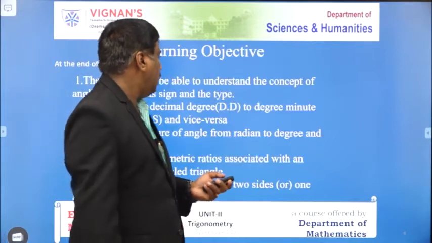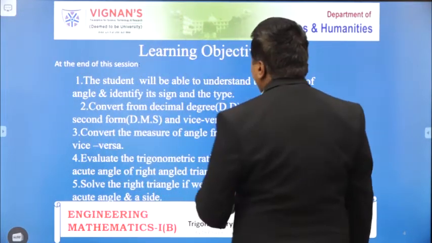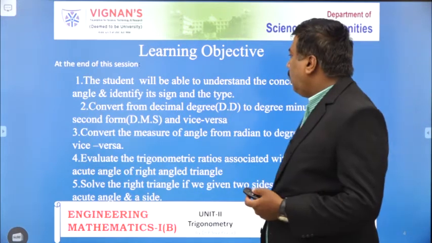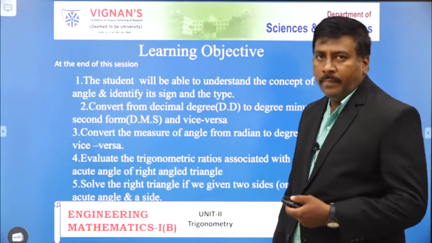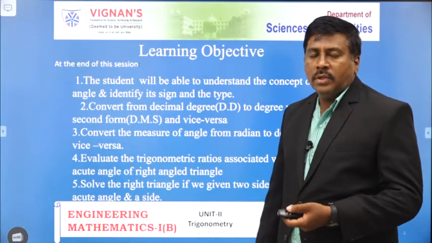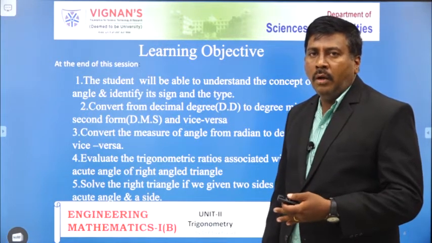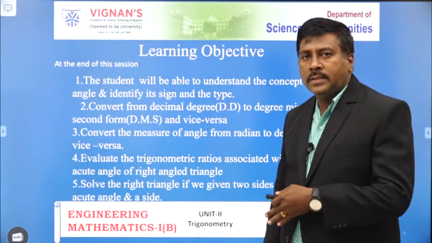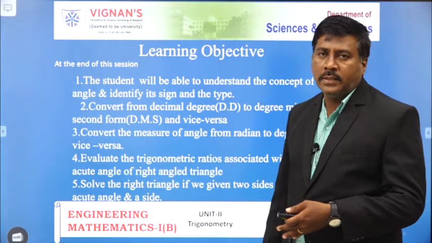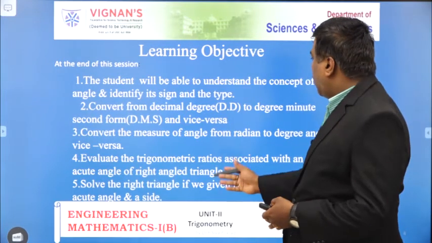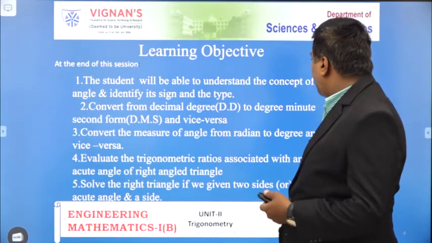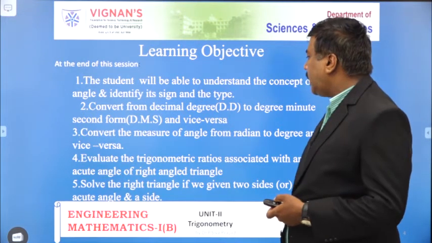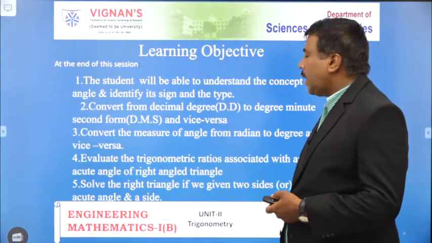Please see this. At the end of this session, the student should be able to understand the concept of an angle and identify its sign and type. The student should learn how to convert the measure of an angle from radians to degrees and from degrees to radians, and evaluate the trigonometric ratios associated with an acute angle of a right angle triangle.